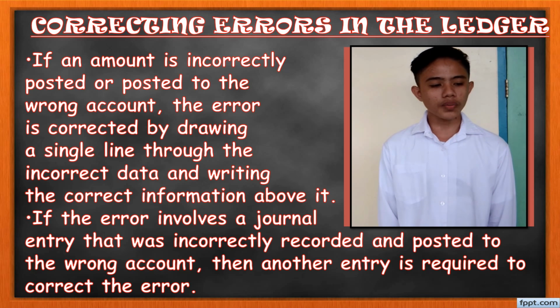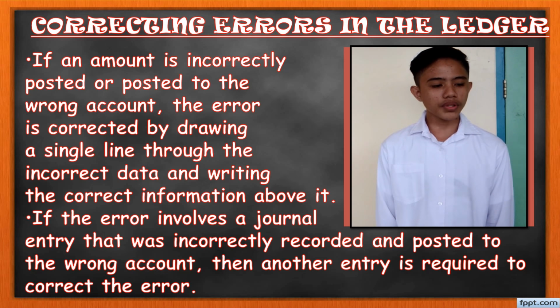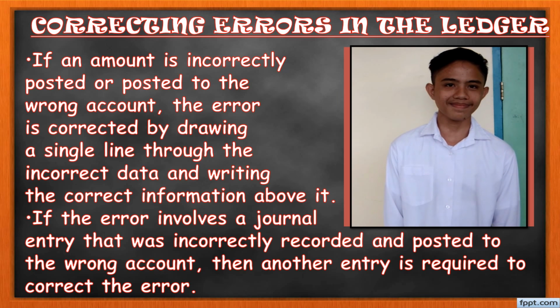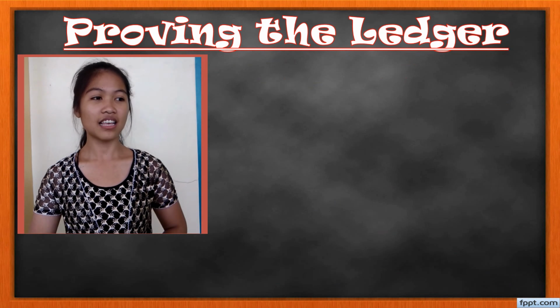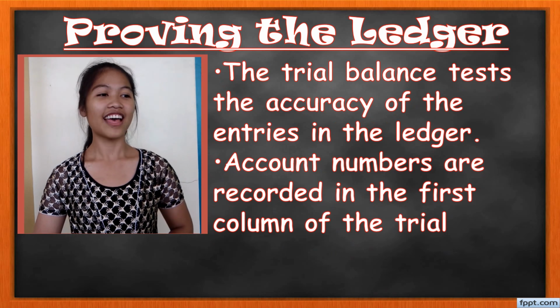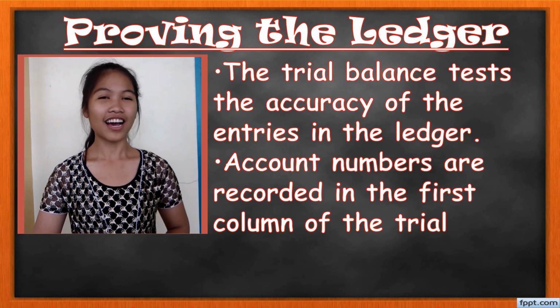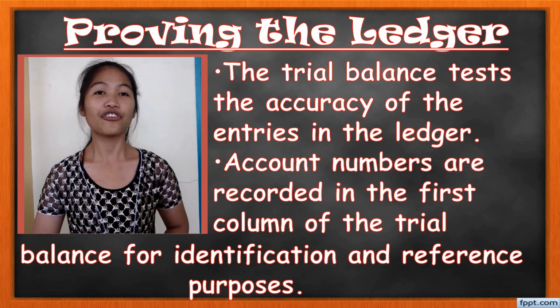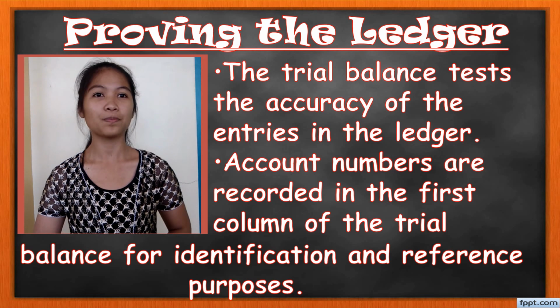If the error involves a journal entry that was incorrectly recorded and posted to the wrong account, then another entry is required to correct the error. In proving the ledger, the trial balance tests the accuracy of the entries in the ledger. Account numbers are recorded in the first column of the trial balance for identification and reference purposes.